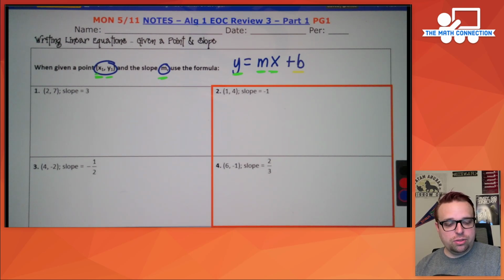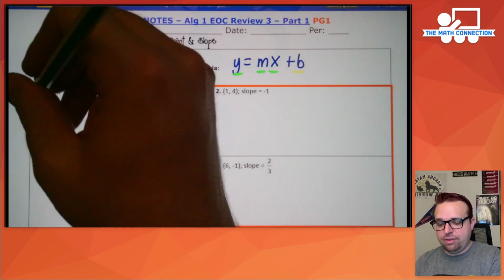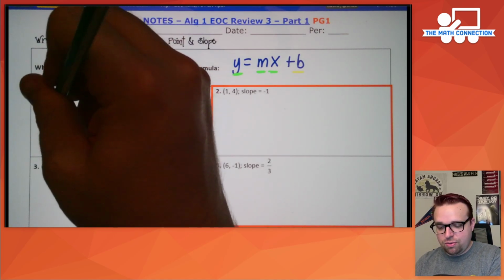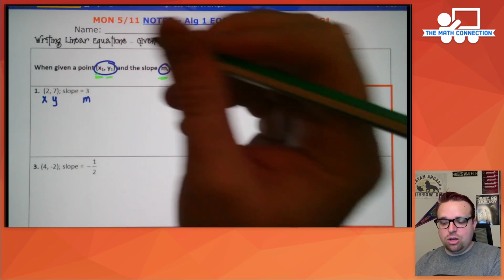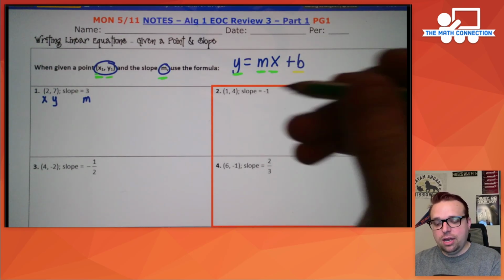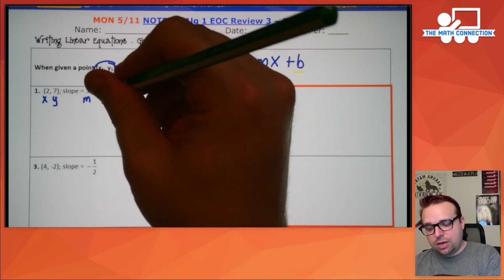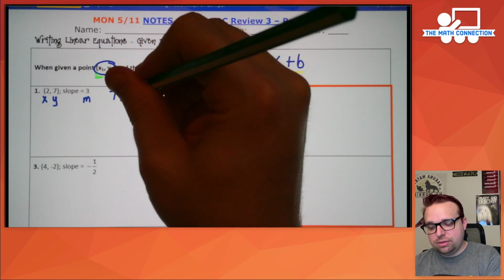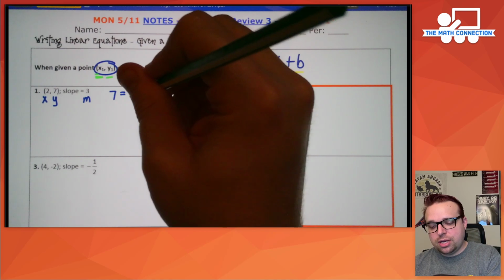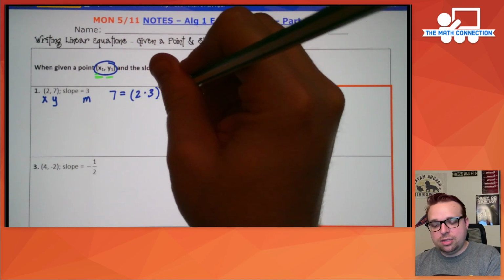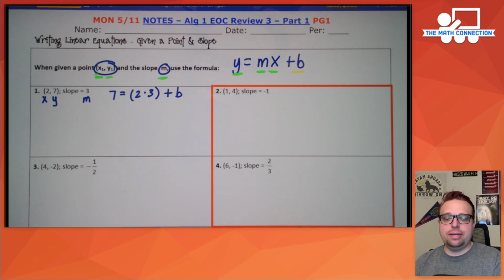Switch back to my drawing tool here. Okay, in question 1, we're given the point (2, 7). That means x is 2, y is 7, and the slope, which is m, is 3. Let's plug in what we know: 7 equals 2 times 3 plus the y-intercept, which is b.